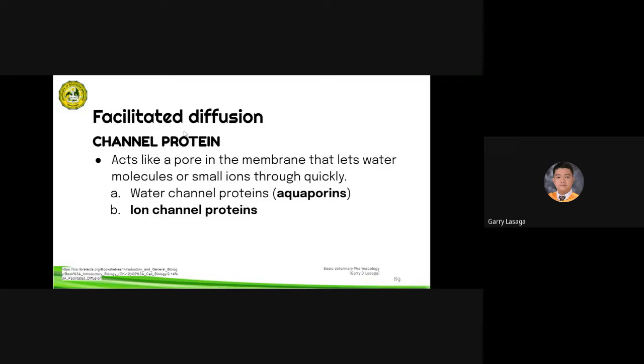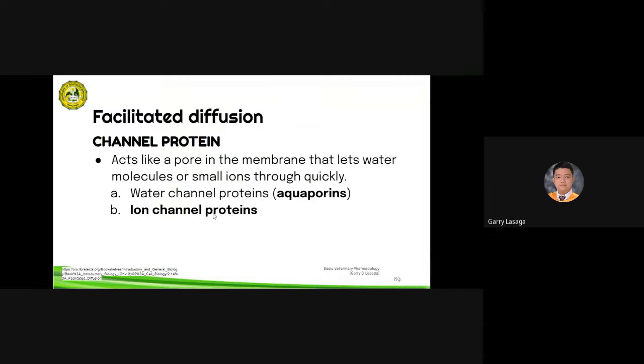So what is a channel protein? A channel protein acts like a pore in the membrane that lets water molecules or small ions move through quickly. An example of a channel protein is a water channel protein, also known as aquaporins.